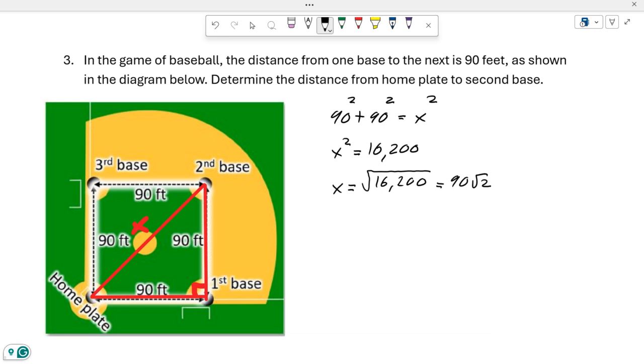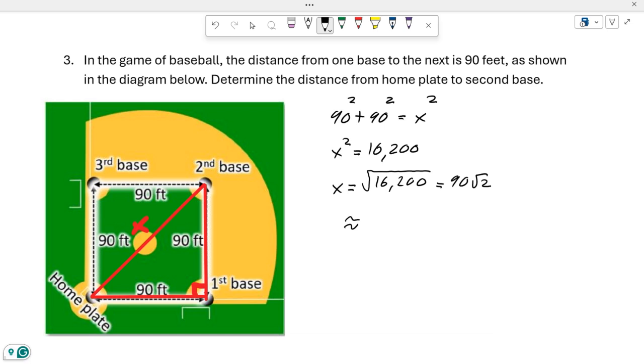However, this is a real-world scenario, right? We're talking about baseball. If you were to say that second base is 90 root 2 feet, that's kind of weird. So I think in this context, it makes sense to give a decimal approximation.